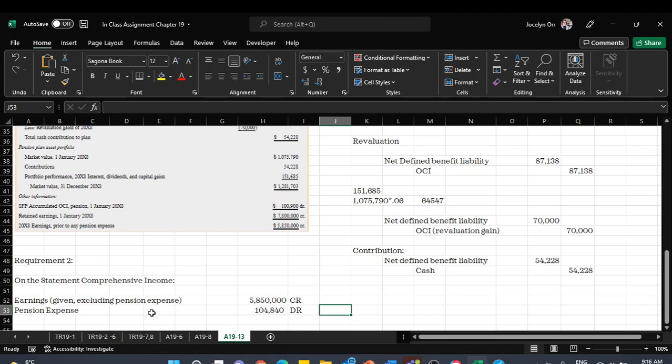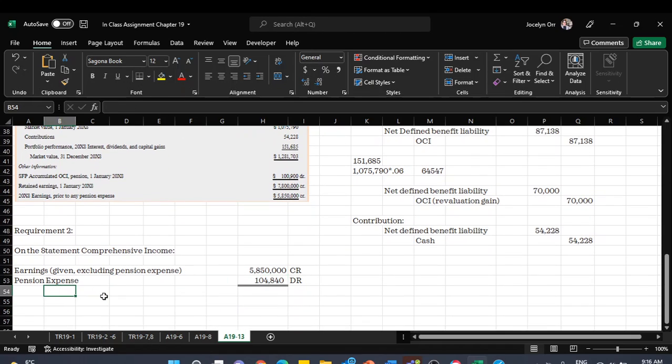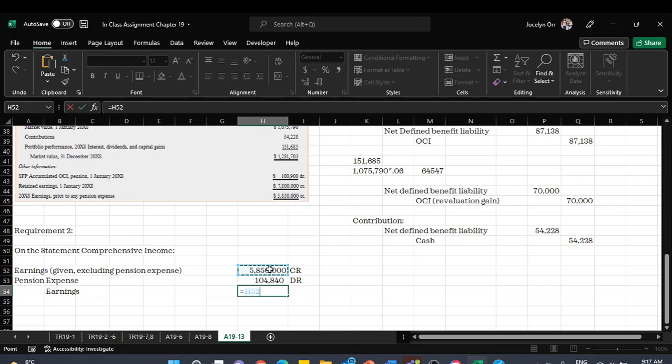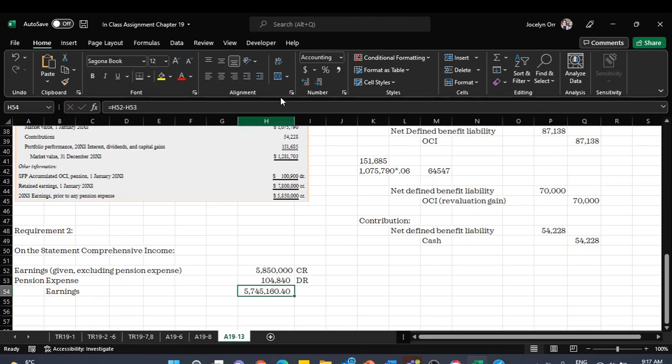Expense accounts increase on a debit. So our earnings then, the earnings provided minus our pension expense, giving us an amount of $5,745,160.